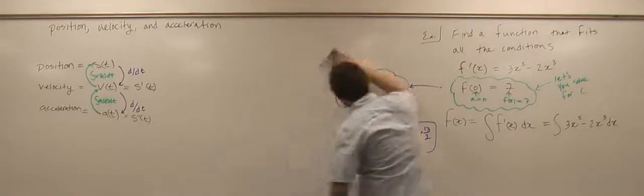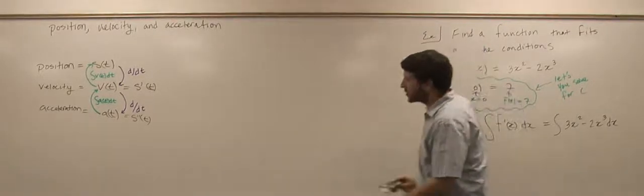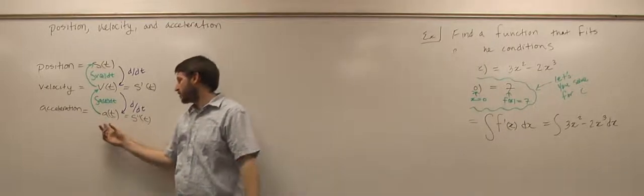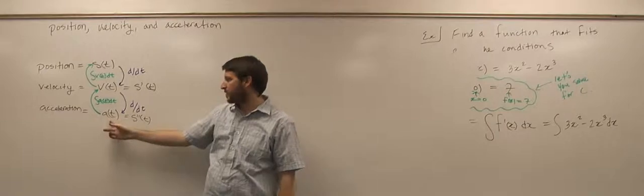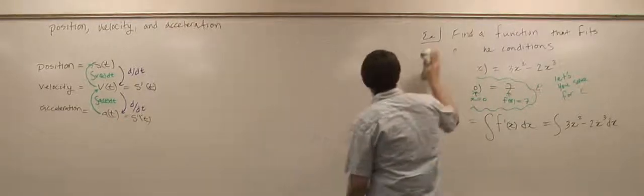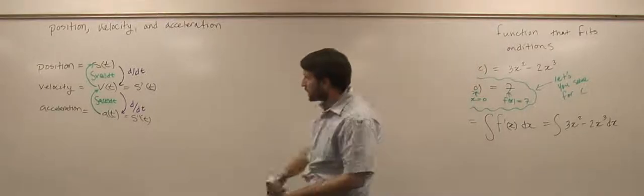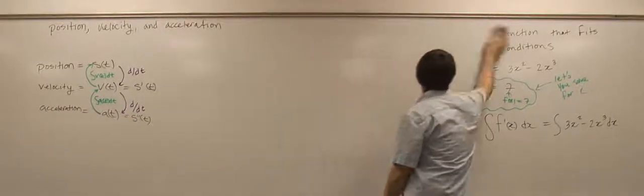This is kind of interesting because we actually know the acceleration due to gravity on Earth is either negative 9.8 meters per second squared or negative 32 feet per second squared. So using that information, we can go backward and build a position function. So that's the example.